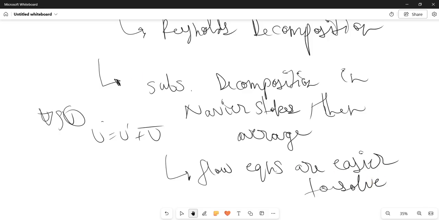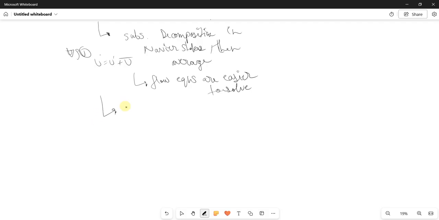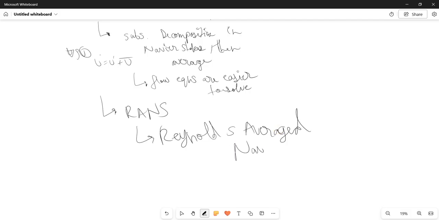So now what is this called? This whole process, or the equation that we get through this, is what we call RANS. And what is RANS? Reynolds averaged Navier-Stokes equation, right? You substitute the Reynolds decomposition velocity into the Navier-Stokes equations, and then you average it out.